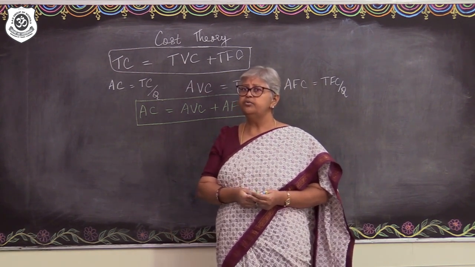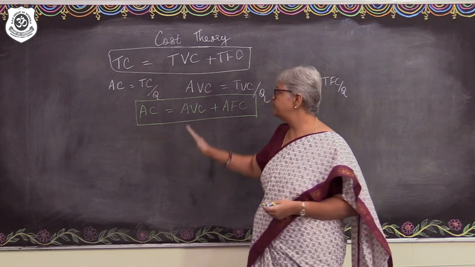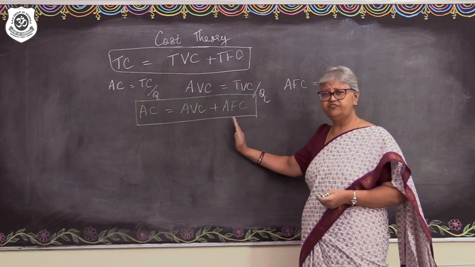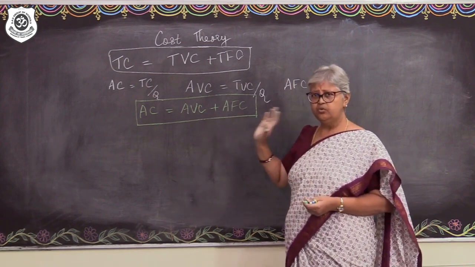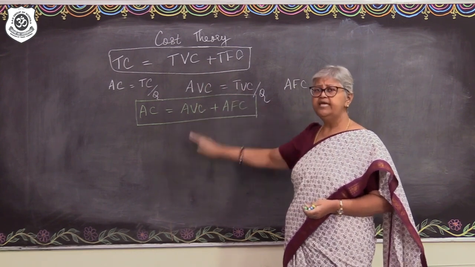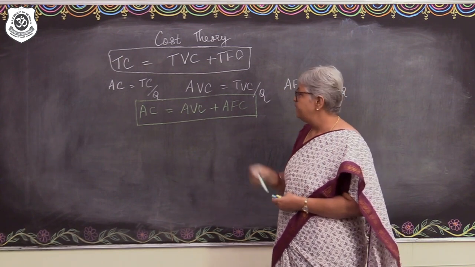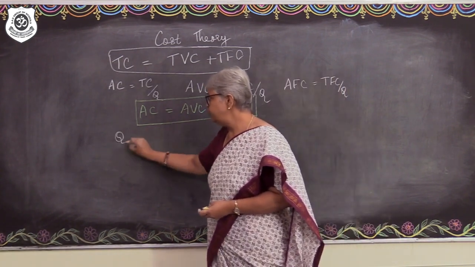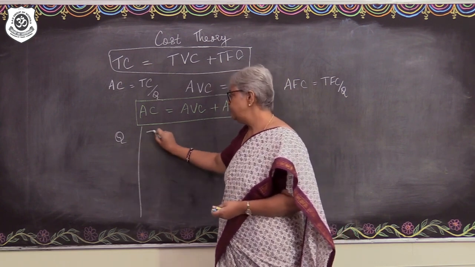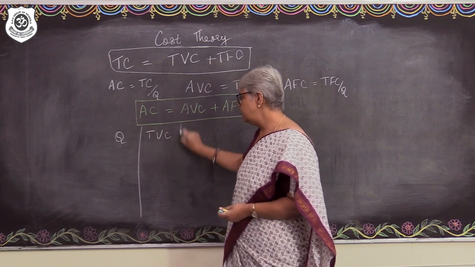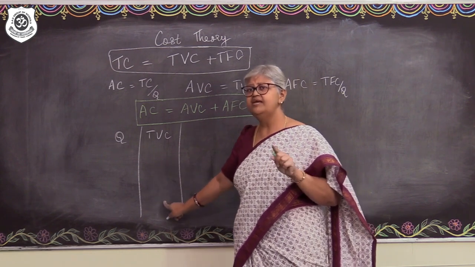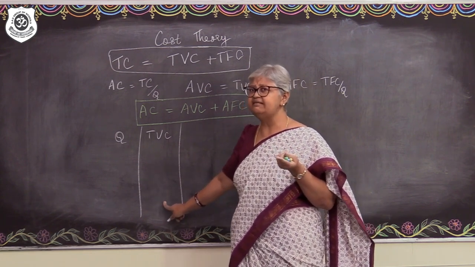We would move on to understand the concept of average cost, average variable cost and the average fixed cost through a schedule. So, let's start from the known, then move on to the unknown. Now, as the number of units of production, the output, increases, you know that the total variable cost will increase at a decreasing rate and then it will increase at an increasing rate.